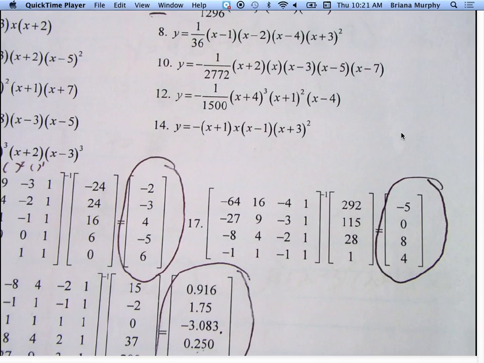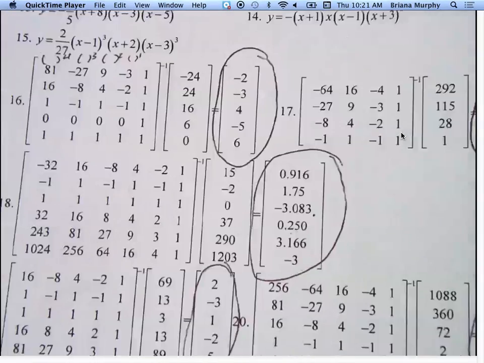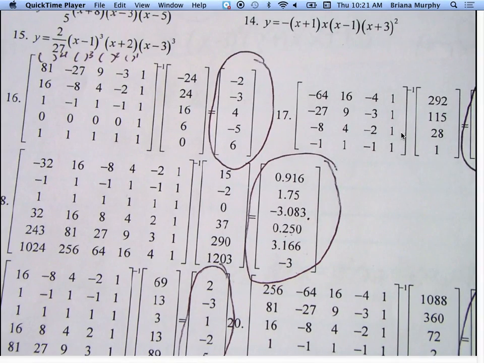Number 18, you should get 0.916, 1.75, -3.083, 0.250, 3.166, -3.